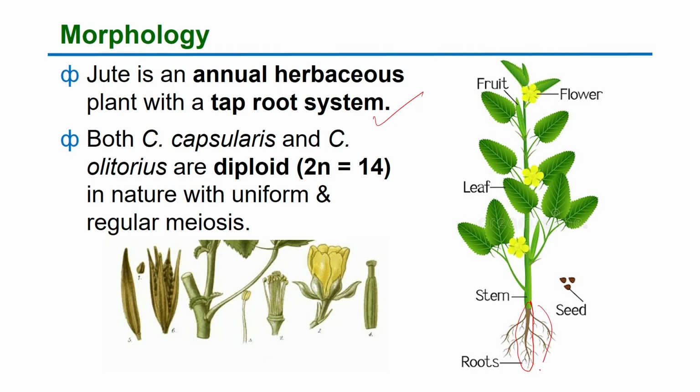Both Corchorus capsularis and Corchorus olitorius are diploid, means 2n is equal to 14. Their somatic cells have chromosome number 14 with a uniform and regular meiosis. Meiosis is cell division where the chromosome number is halved, then you will have n equal to 7.